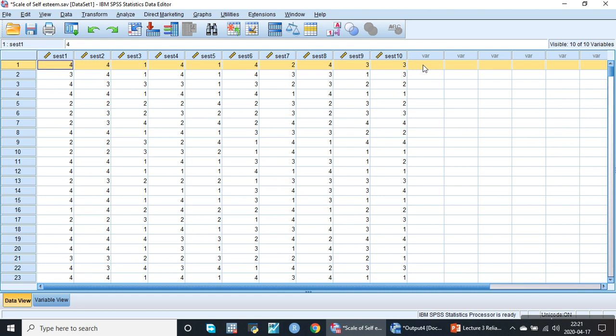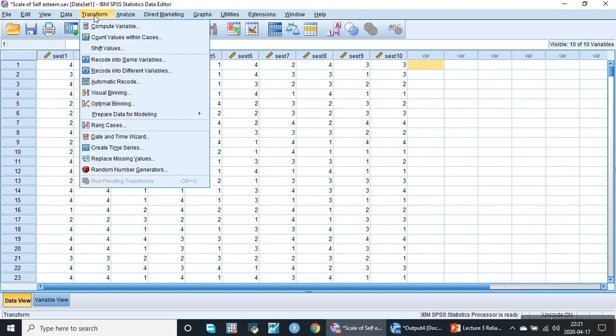So the average value of the first row will be the sum of the observations in the first row divided by the number of observations in the first row, and the number of observations is 10. But SPSS provides a command by which we can calculate the mean for all of the 436 observations. So what is the command?